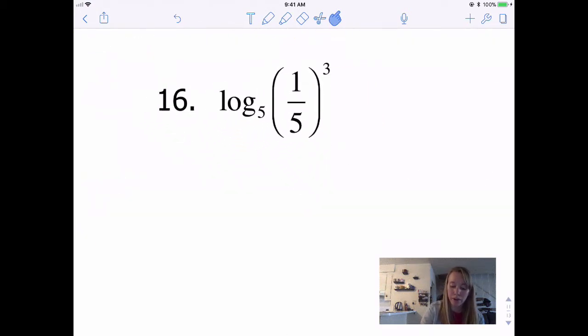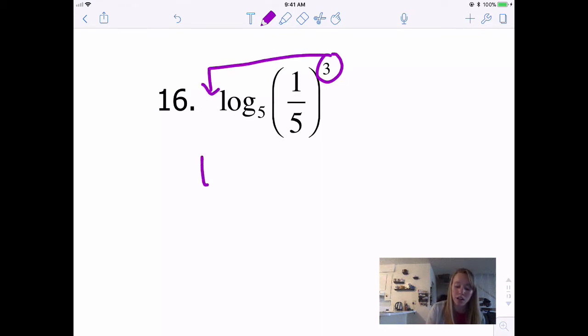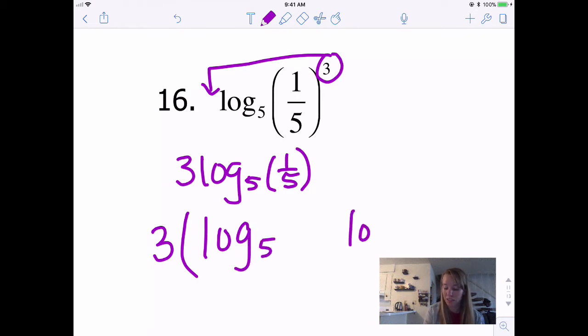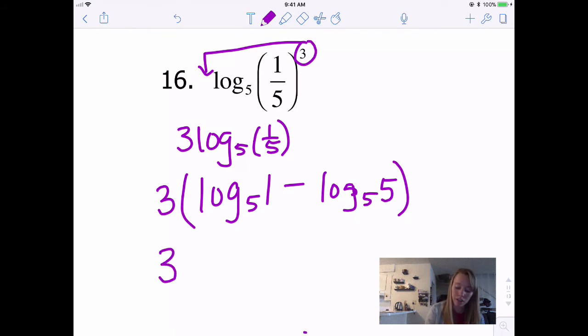And then number 16, I've got a 3 in my exponent. That can become a coefficient. I get log base 5 of 1/5, but 3 is my coefficient. And then that 3 can actually be multiplied by this division property. I've got log base 5, 1, and 5 with a minus in the middle. So I get 3 times 0 minus 1.